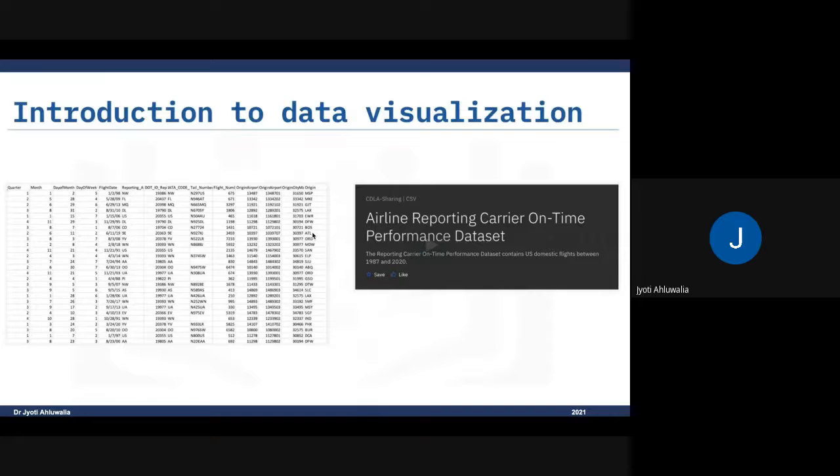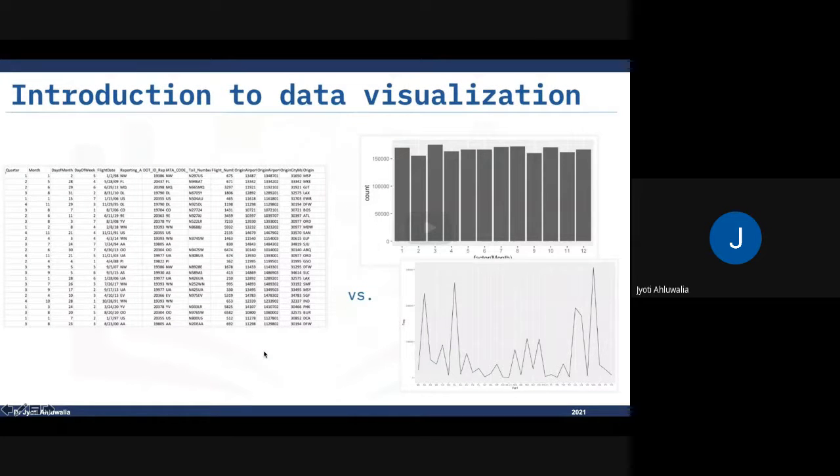So if you look at this data, an introduction to airline reporting carrier on-time performance data set, this data is not making much sense. But if I present it like this in some graph, then it makes more sense. So the count of these are almost the same for each month. There is a variation here.